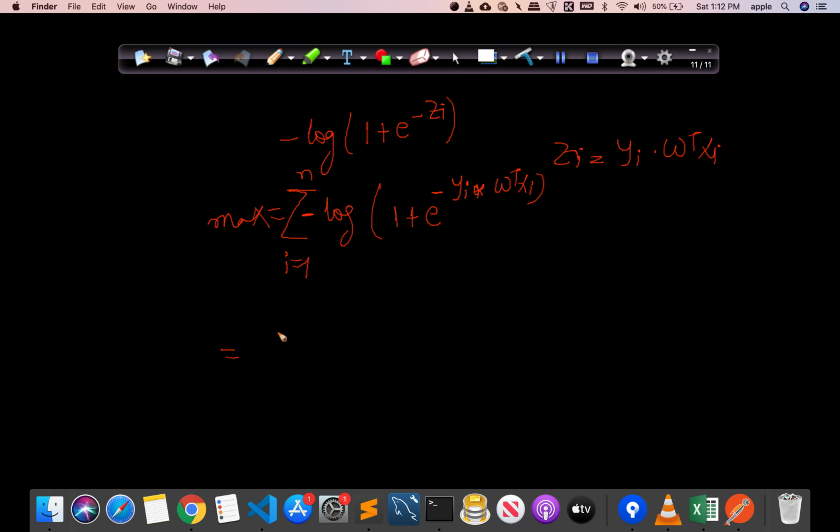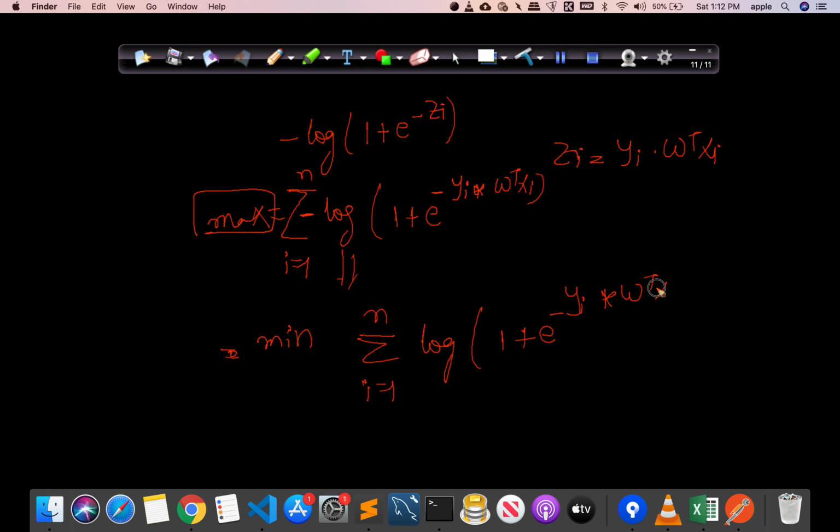If the sign is minus here and we want to change it to positive, we multiply this with minus. What will happen is the maximize will change to minimize. Now this will change to minimize summation of i equals 1 to n of log of 1 plus e to the power minus yi w transpose xi, and the sign gets changed from minus to plus.